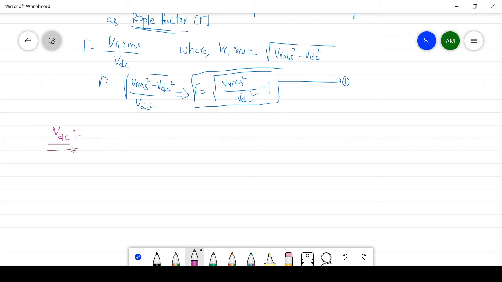Vdc is equal to 1 by pi integral 0 to pi of Vi d omega t.